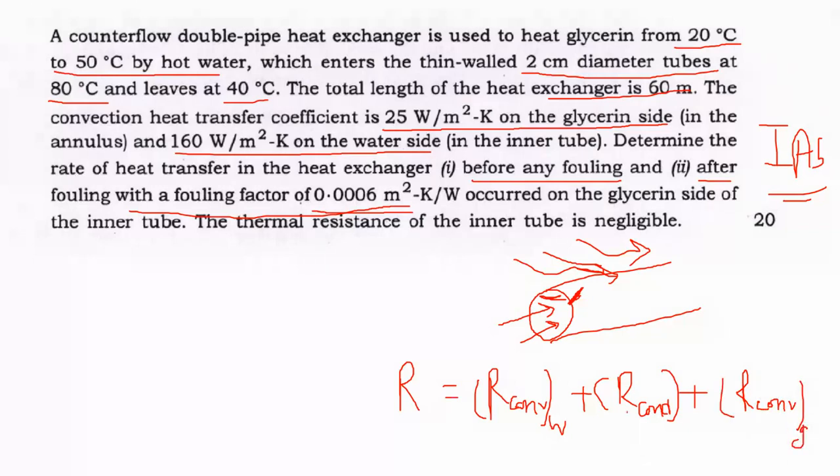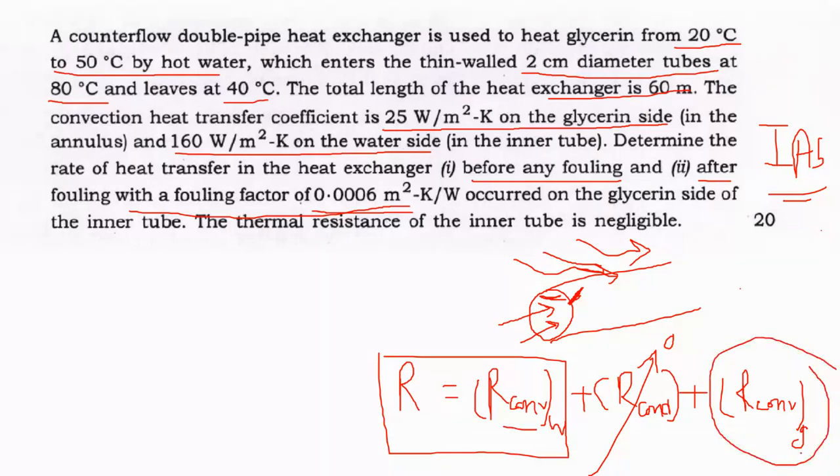Here nothing is mentioned about the resistance or thickness, so we will take it as 0. So now we have resistance due to only convective heat transfer due to water and convective heat transfer due to glycerin.